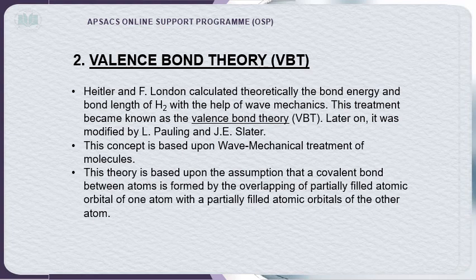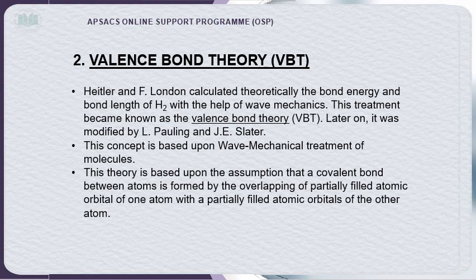It was further modified by 2 scientists, Pauling and Slater. Under this theory, when atoms undergo bonding, their half-filled or partially filled orbitals overlap with the orbitals of the other atoms and form new bonds. The determination of shapes depends upon these bonds. So it is termed valence bond theory, right?